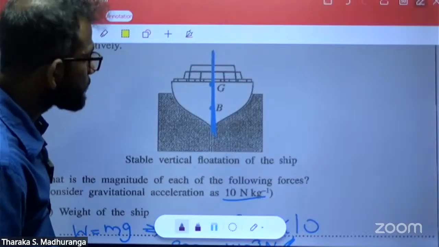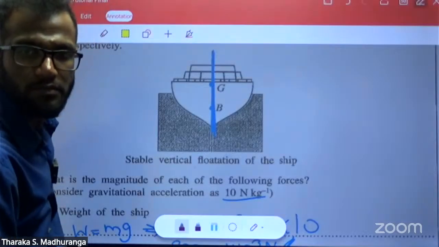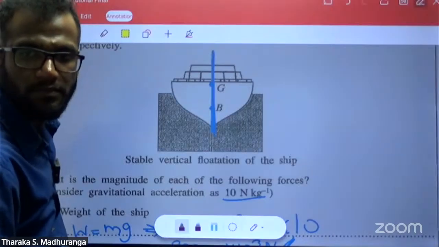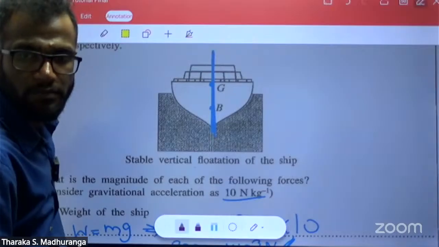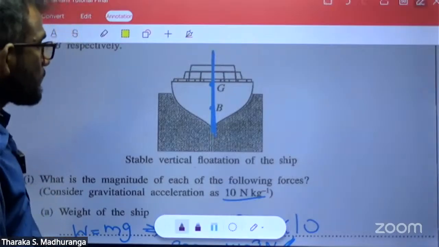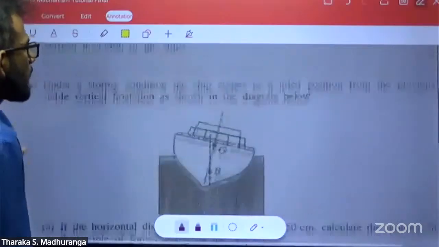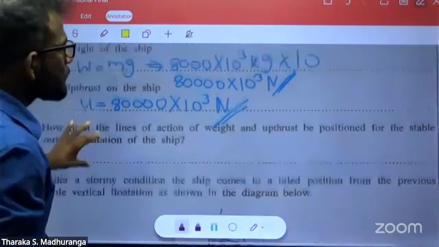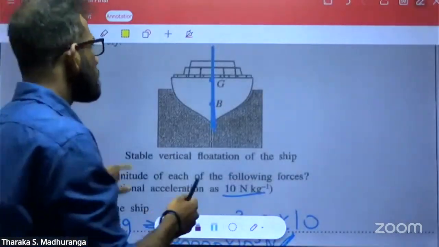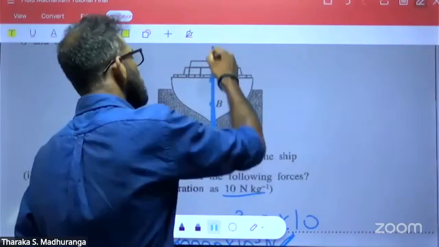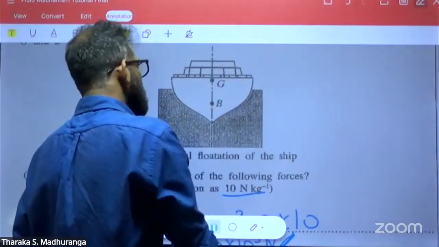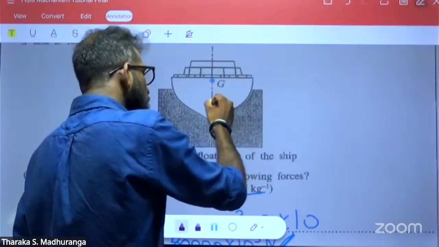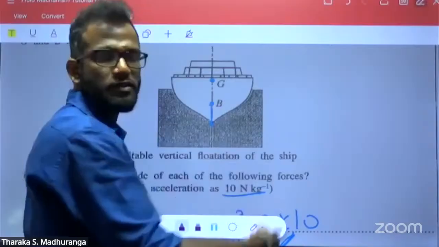Not should, must. I told you that for stable flotation, the gravitational point must be lower than the buoyancy point.